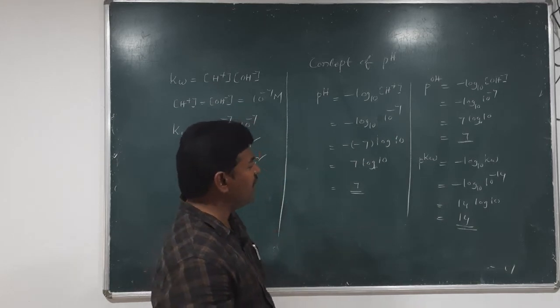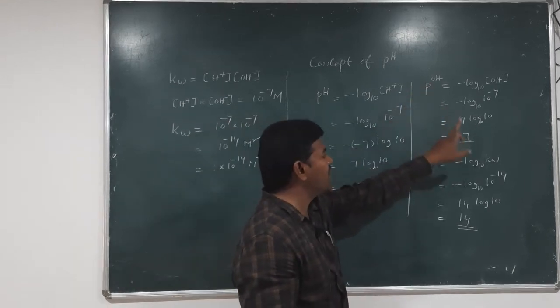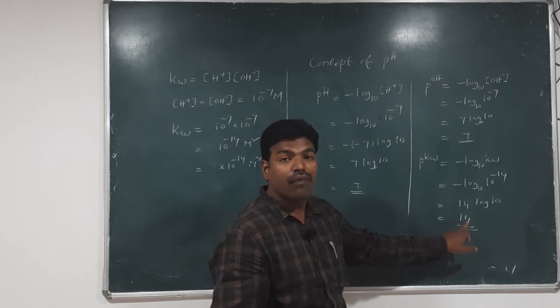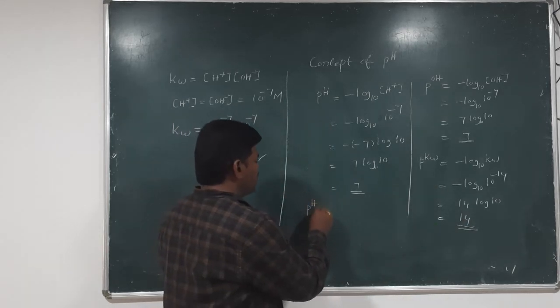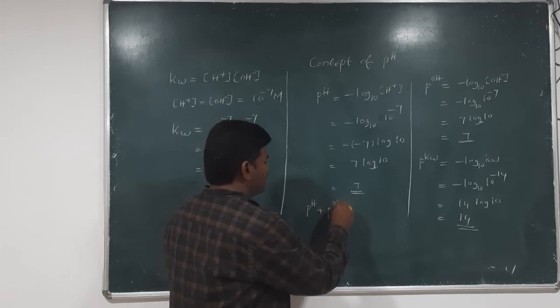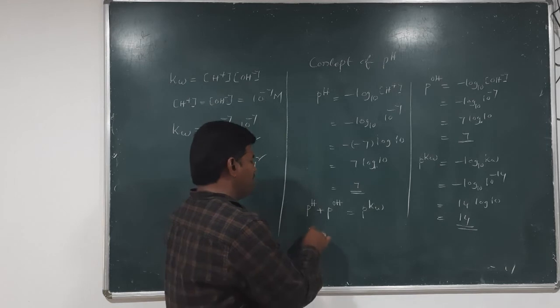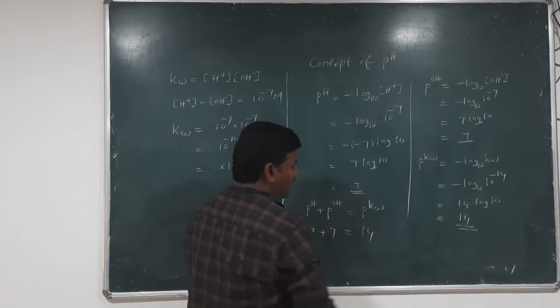Okay, so therefore the pH of pure water is 7, the pOH of pure water is 7, and pKw of water is 14. And we can write that pH plus pOH is equal to pKw. And pH is 7 and pOH is 7 and pKw is 14.